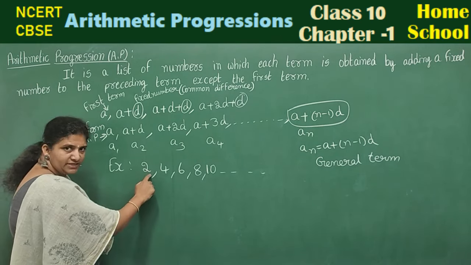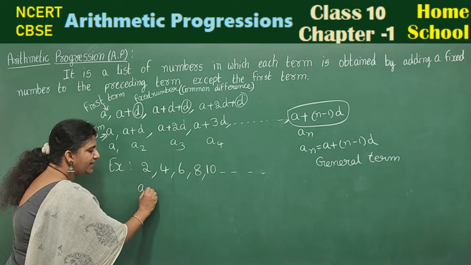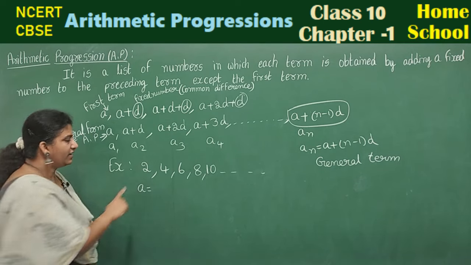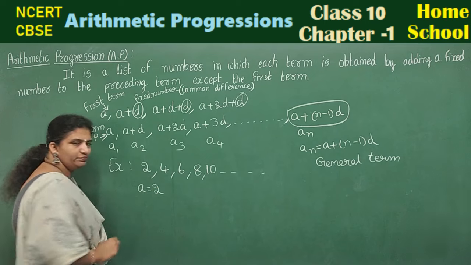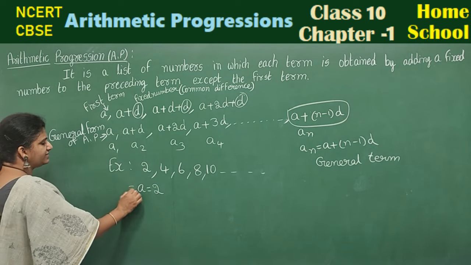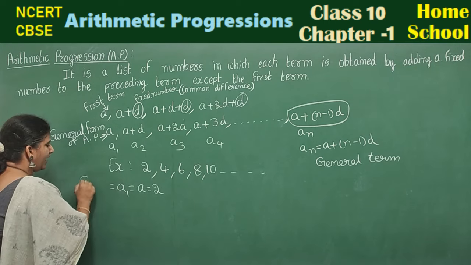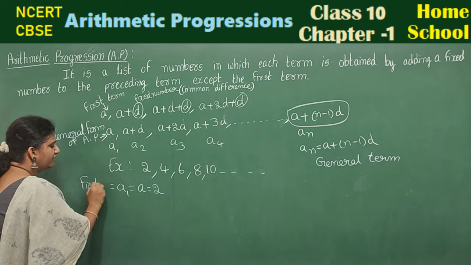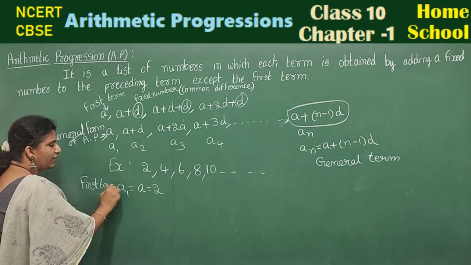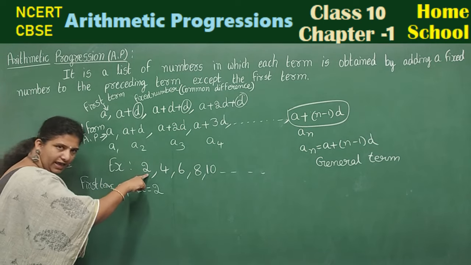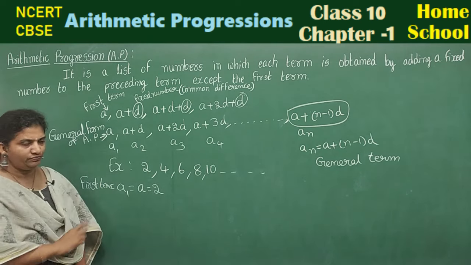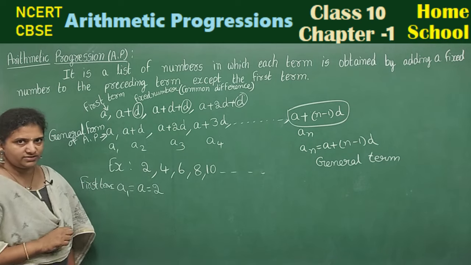So what is the first term? A. A is called the first term. A value is 2. Okay. I can say that A1 is equal to A, or I can say the first term is equal to A1 or A, that is equal to 2. Any way we can call this.